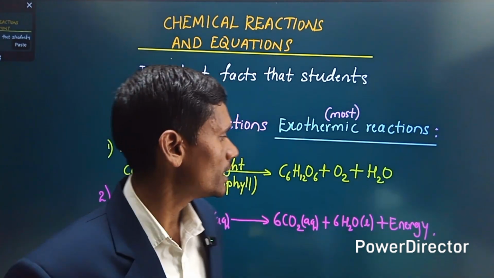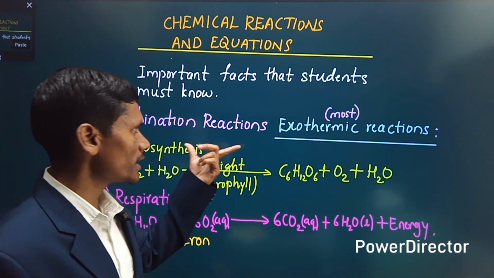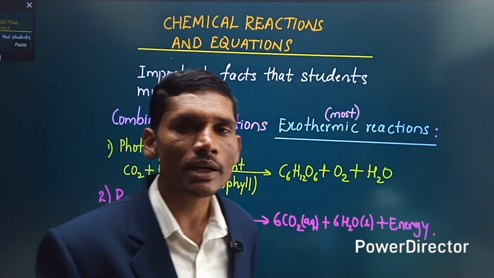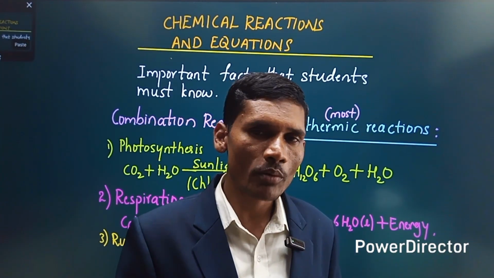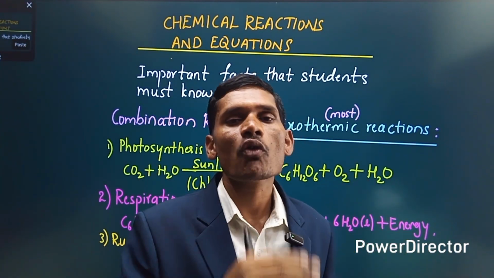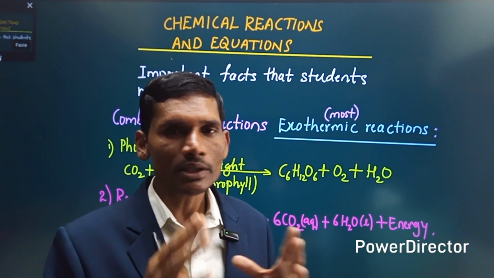Now let us begin. Coming to this, here we need to understand different types of reactions. In that, combination reactions, most of them are exothermic in nature. So you know that already. What is a combination reaction? When two or more reactants combine together to form a new product, we call this type of reaction a combination reaction.